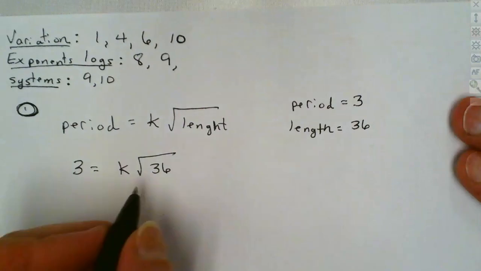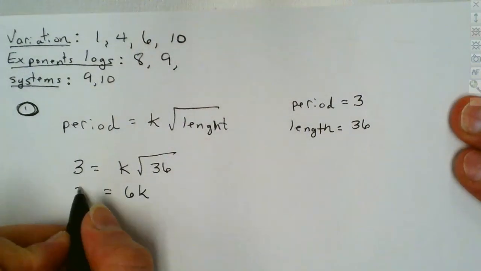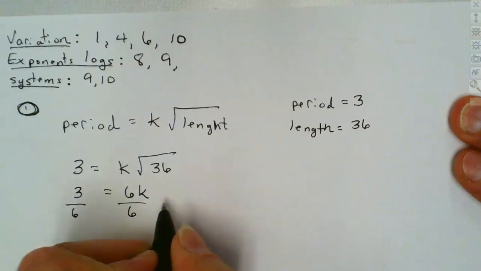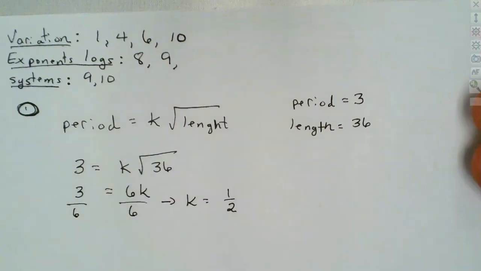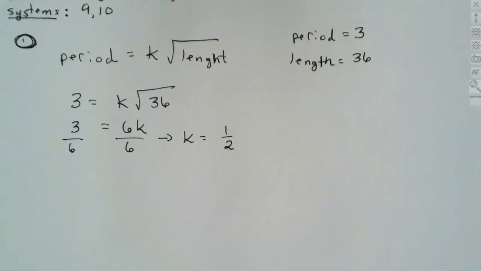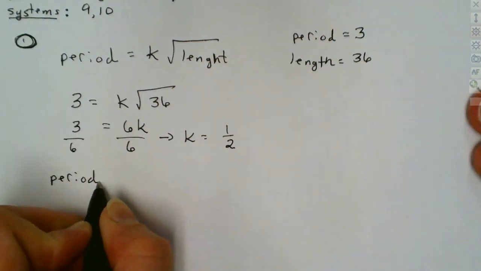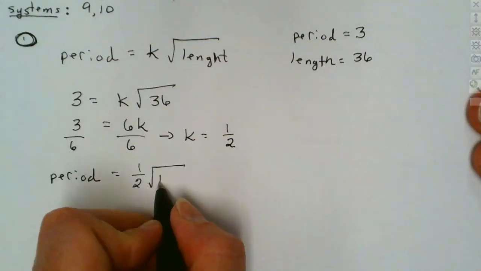And the square root of 36 is 6. So 3 equals 6K. We'll divide by our 6, and then we'll reduce it. And now we've got our K to be 1/2. So we have to find our constant. So we've got our constant. Now we rewrite our formula. So the period is going to equal 1/2 times the square root of the length.